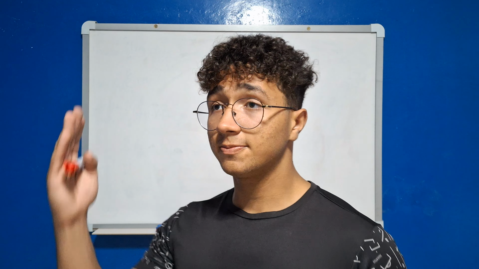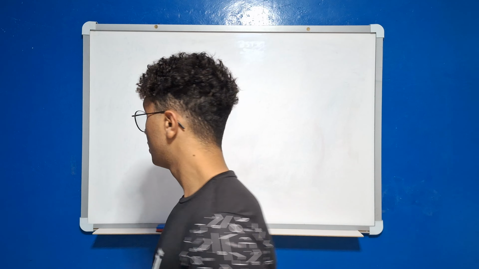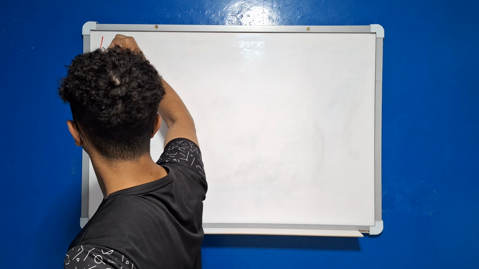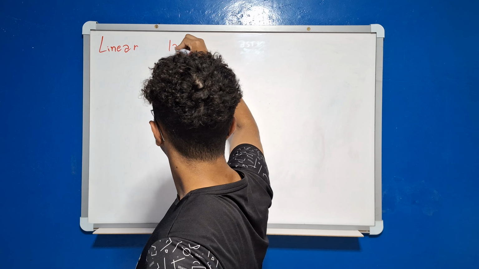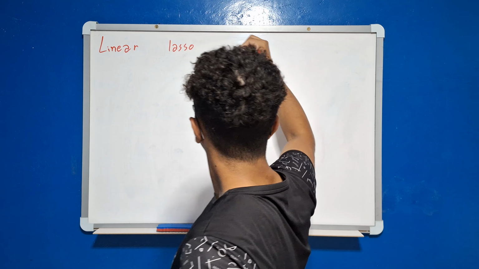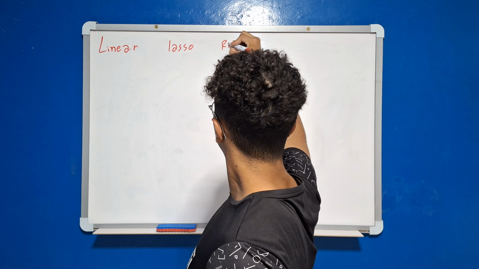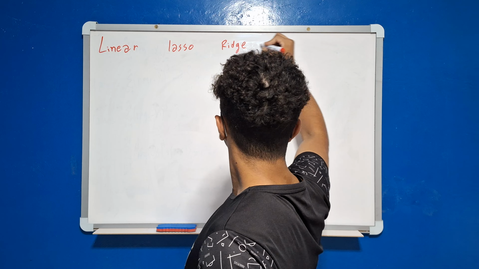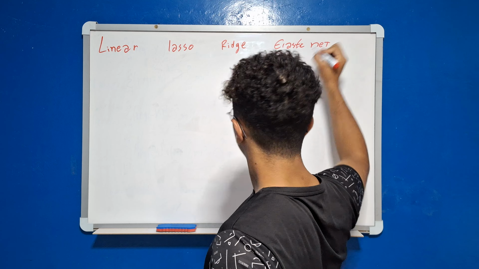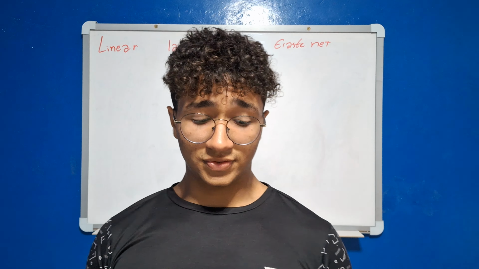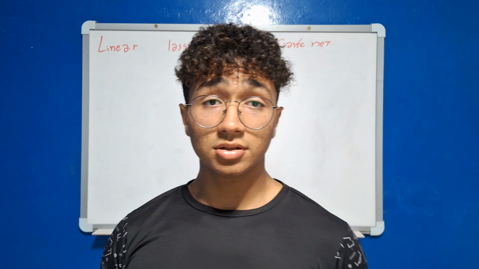But first of all, I will trace here the types of regression and their specific functions, okay? First of all, we have the linear, there's the lasso, there's the ridge, and there's the elastic net. All of this stuff is graphs, and we'll do the equation of the line.